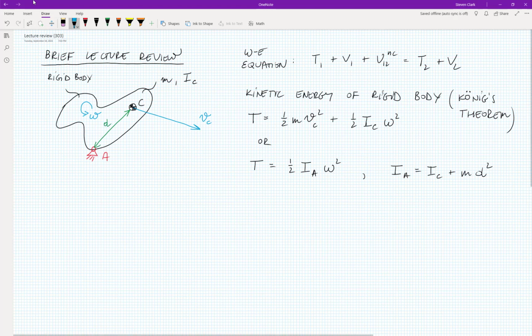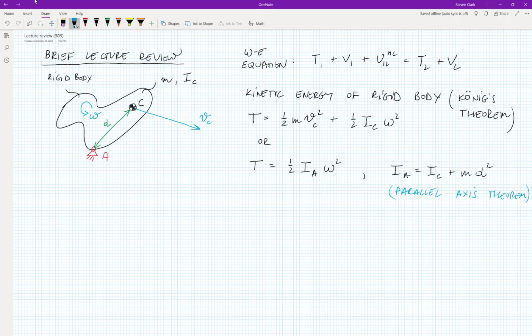And this is the parallel axis theorem, or Steiner's theorem.